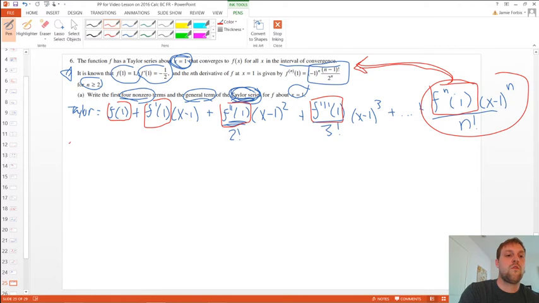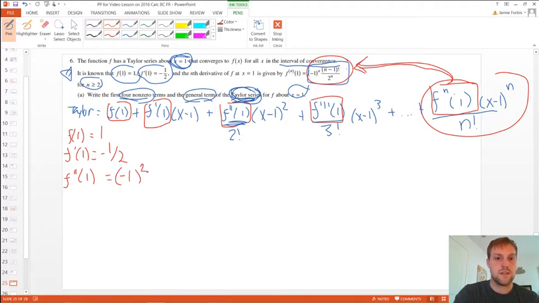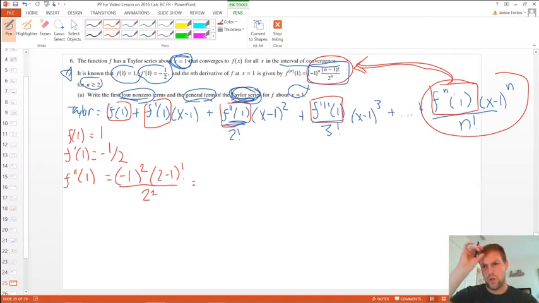I know that f of 1 is equal to 1, f prime of 1 is equal to negative 1/2. Like, I know that, it told me that, right? Now to figure out these other two, so like f double prime of 1, that's at n equals 2. I'm going to plug it into this formula it gave me to figure out that derivative. So that's going to be negative 1 to the second times 2 minus 1 factorial over 2 squared.